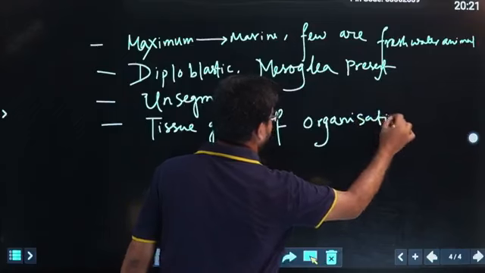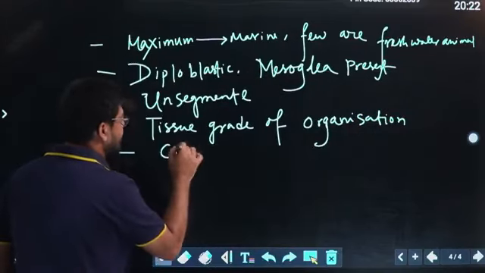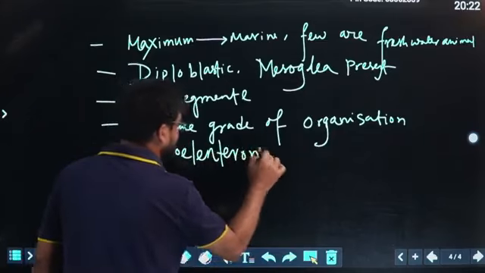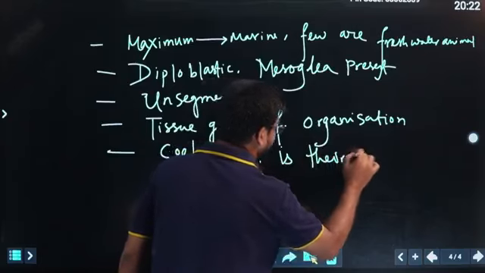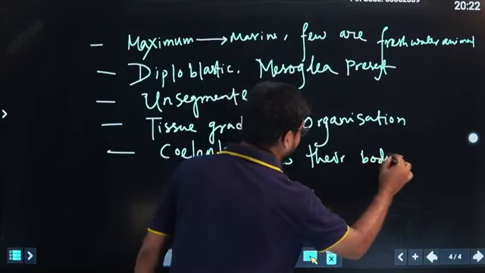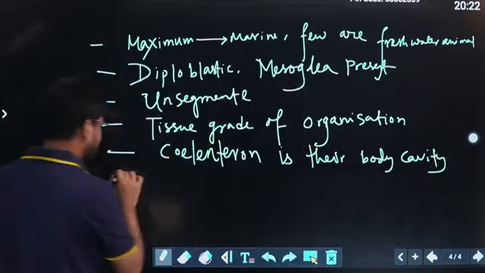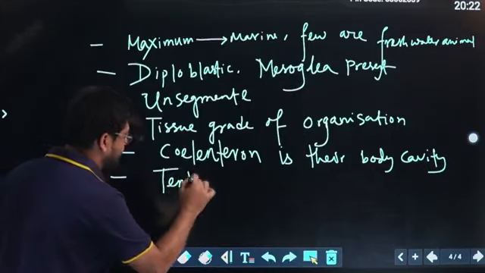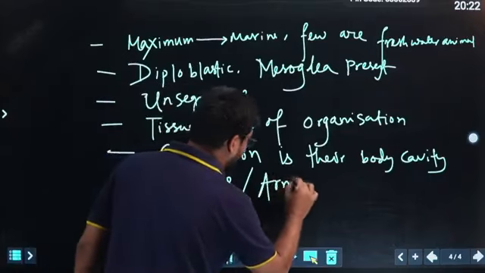Next, you have learned about their body cavity. Coelenteron is their body cavity. Next thing is that they have tentacles or arms, or both.